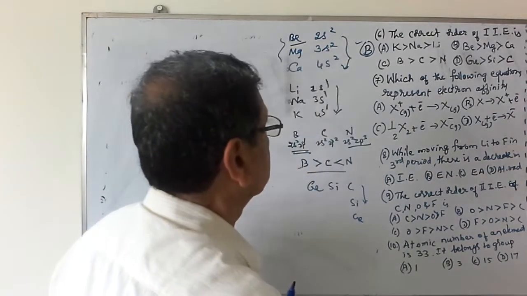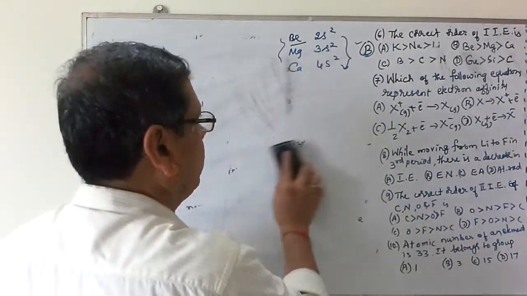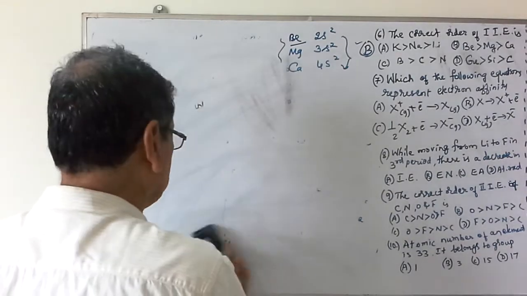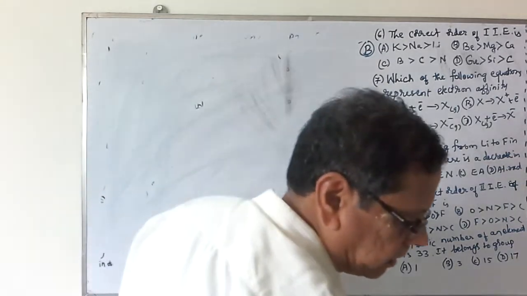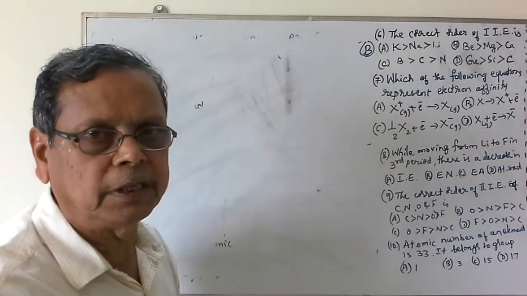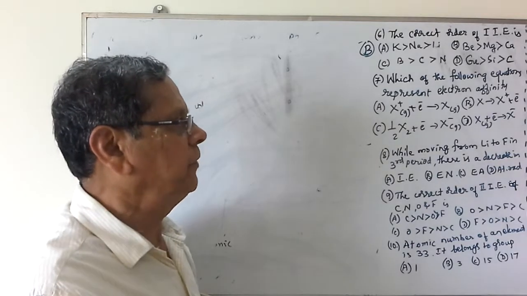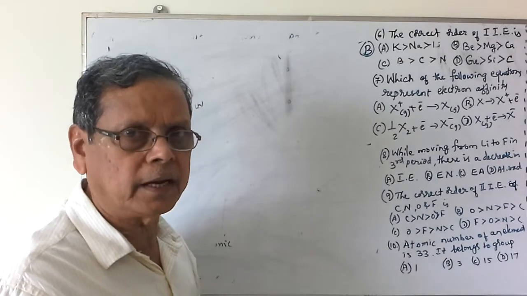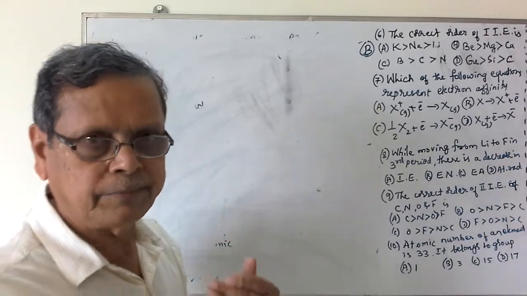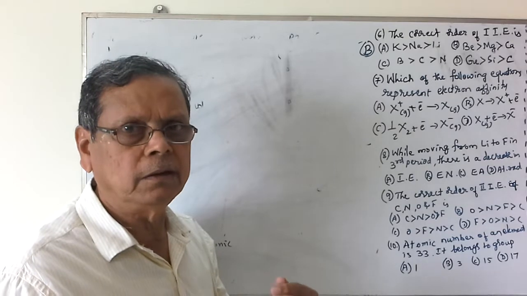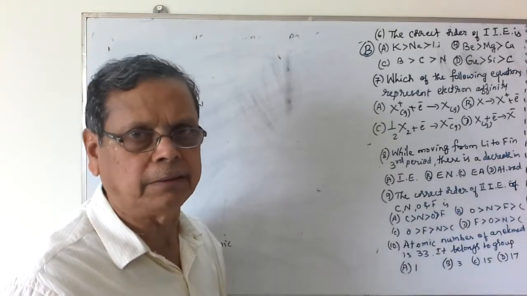The next one: which of the following equations represents electron affinity? Electron affinity is nothing but electron gain enthalpy, which is indicated with the sign of the enthalpy. According to the definition of electron gain enthalpy or electron affinity, it is the energy either released or absorbed when one electron is added to an isolated gaseous atom.